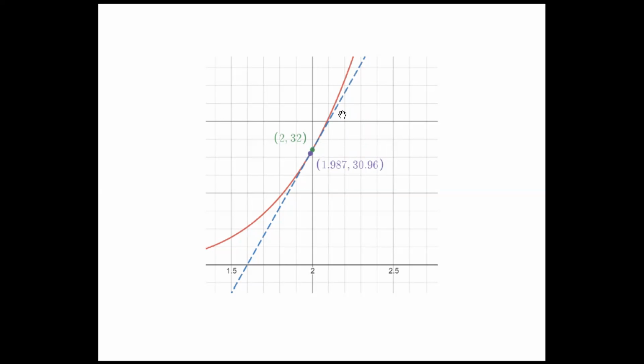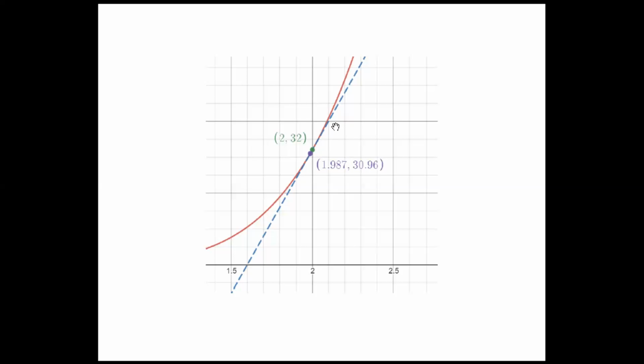In other words, the blue line, the tangent line, and the curved red line are, for all intents and purposes, the same from, say, somewhere around 1.8, 1.9, all the way up to maybe something like 2.2 or 2.4, somewhere around there.